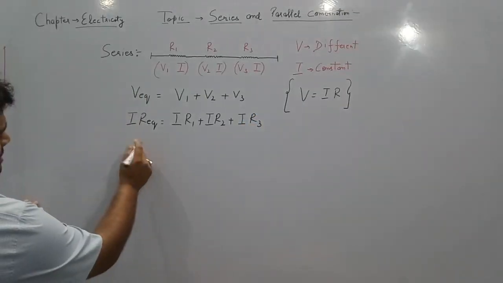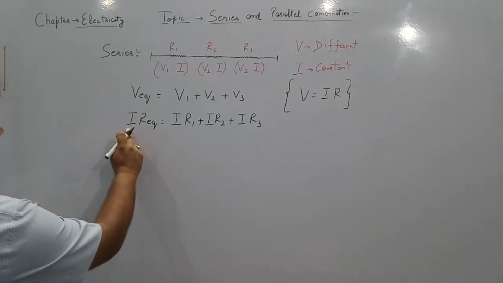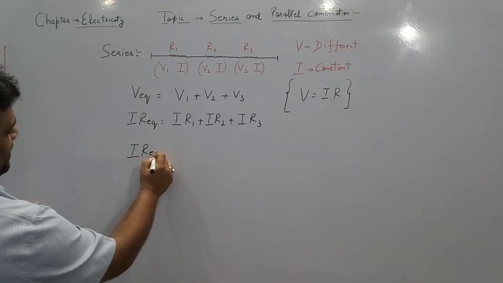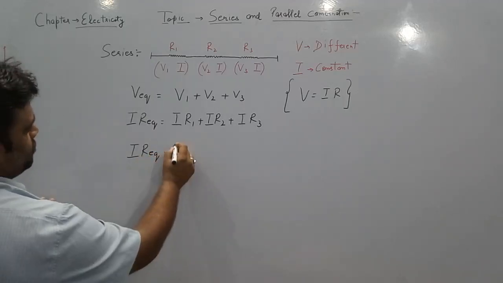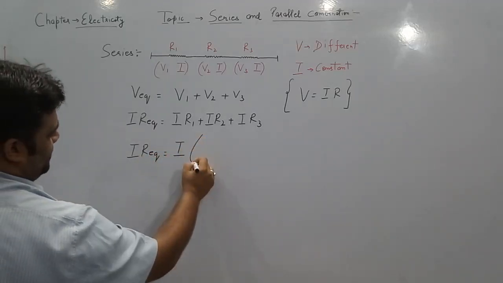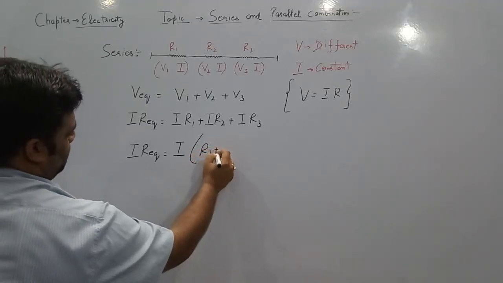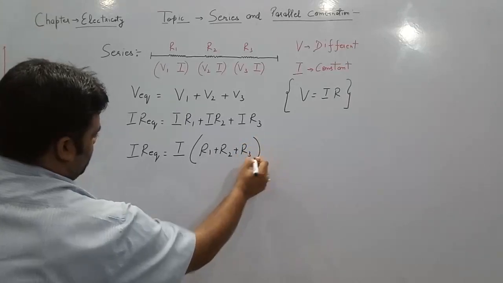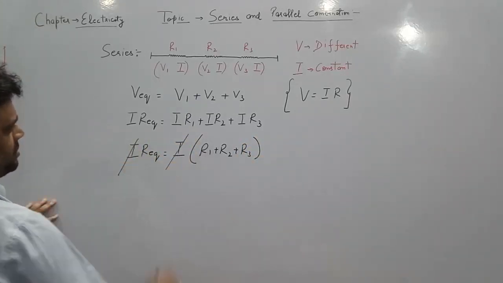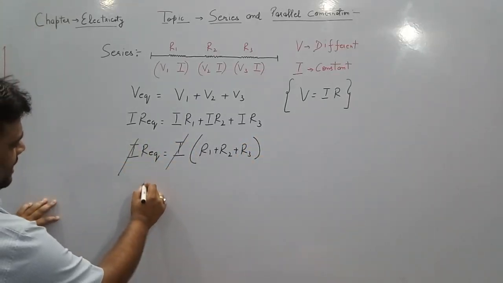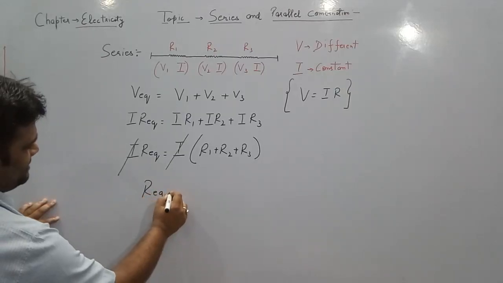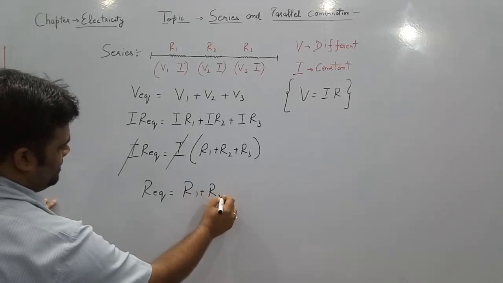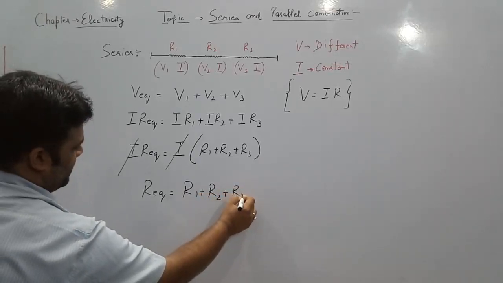So we can write I R equivalent is equal to I (R1 plus R2 plus R3). I and I get cancelled because current is constant. R equivalent in series combination is equal to R1 plus R2 plus R3.